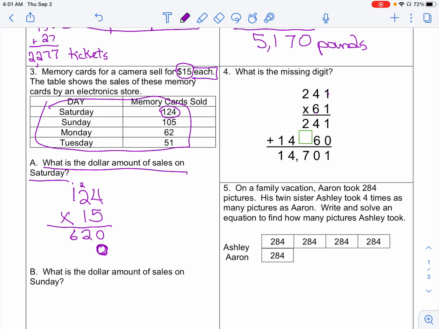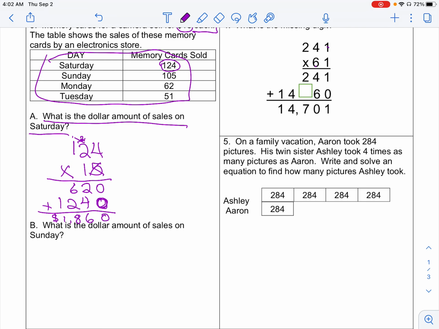Okay, I'm done with 5. Let's move on with the 1. Oh, 1, I love multiplying with 1. 1 times 124 is just 124. Running out of room here. 0. 2 plus 4 is 6. 6 plus 2 is 8. And 1. So the answer is $1,860. That's a lot of money.